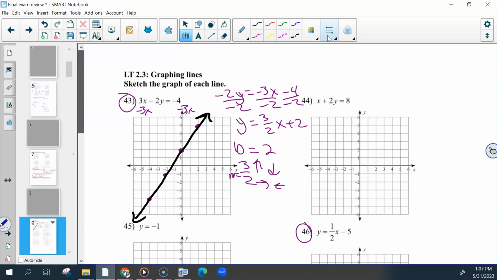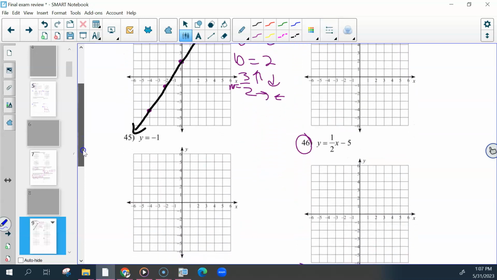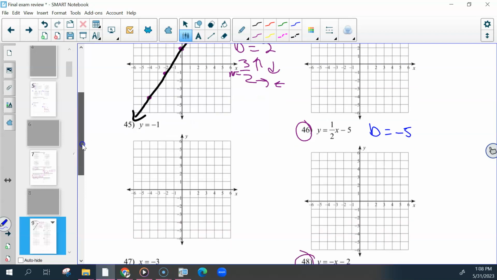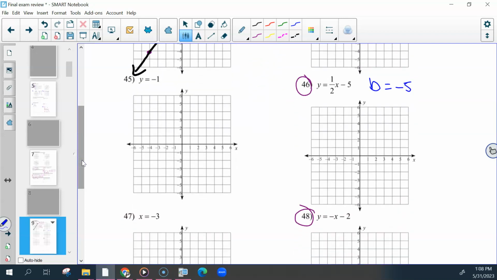46 is already in slope-intercept form. So we just have to graph the slope and graph the y-intercept. Start at your y-intercept of -5 on the y-axis. Your slope, again, is positive. It's positive 1/2. So we can go up 1 and right 2 as many times as possible.